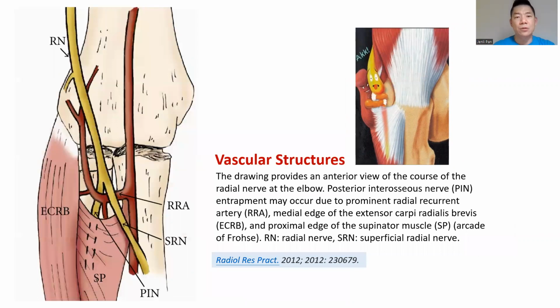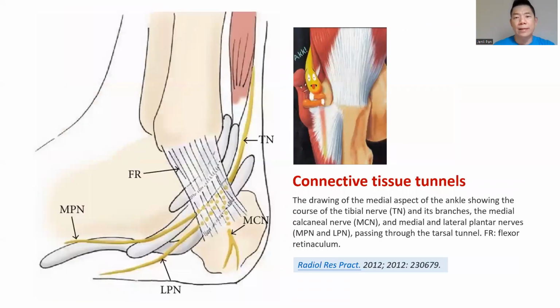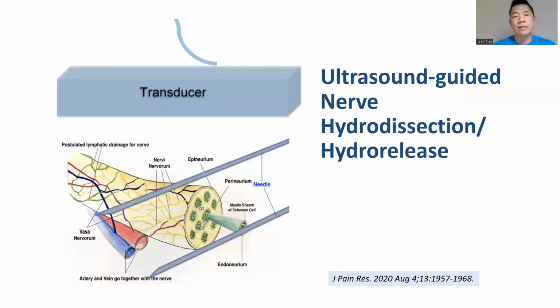They can also be entrapped by vascular structures or in connected tunnels like a tarsal tunnel. So when peripheral nerve entrapment is diagnosed, we can do ultrasound-guided nerve hydrodissection or hydrorelease to solve that problem.